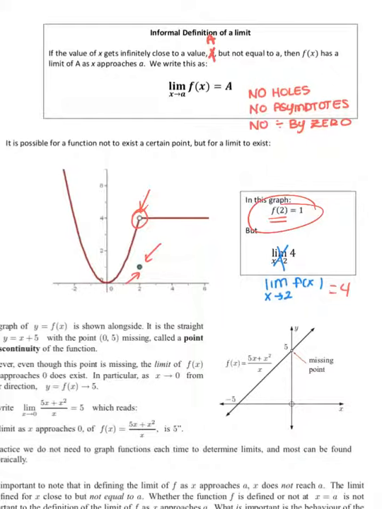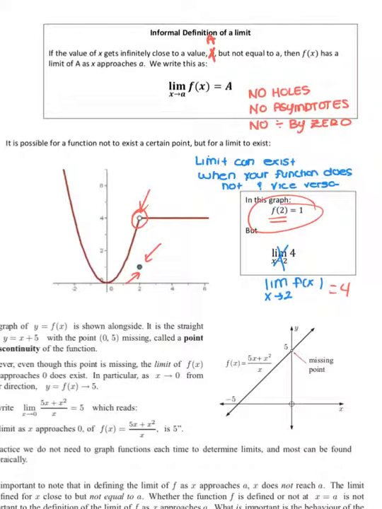So in a nutshell, your limit, and I'm going to write this down, your limit can exist when your function does not. And vice versa.